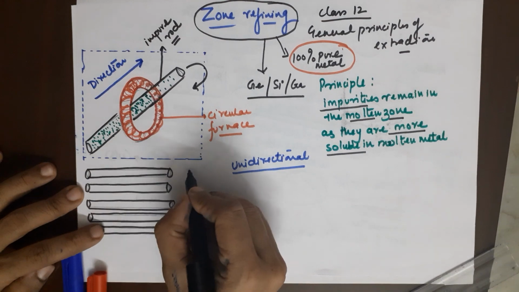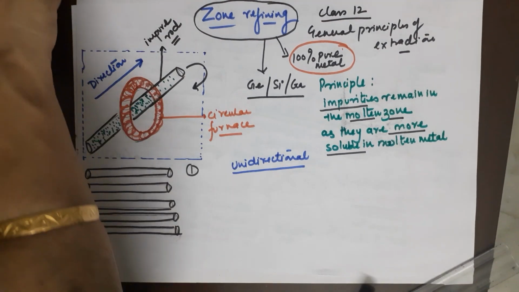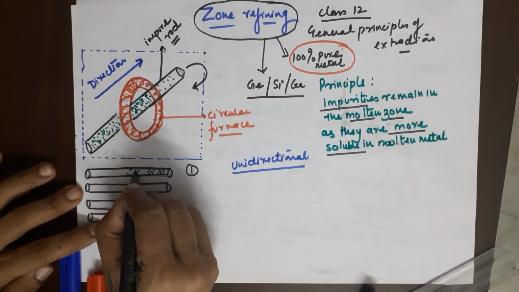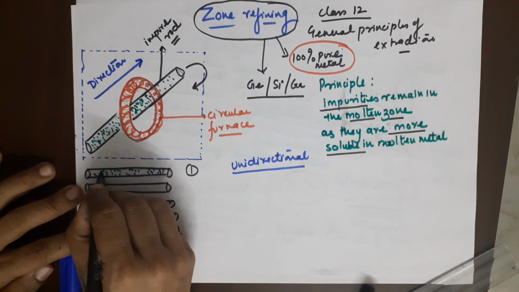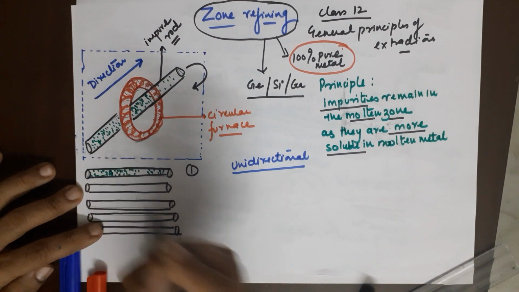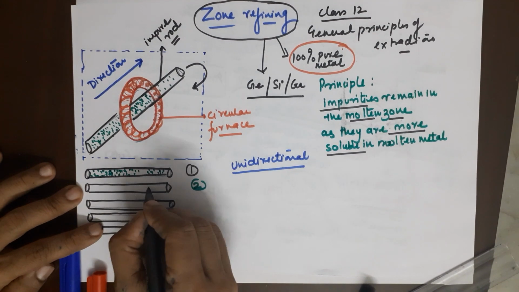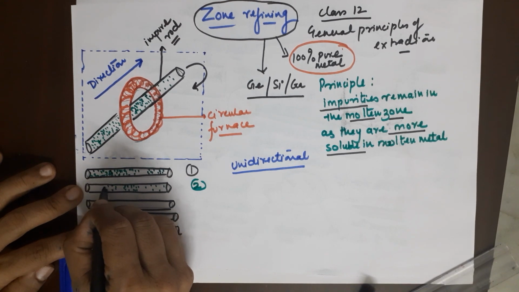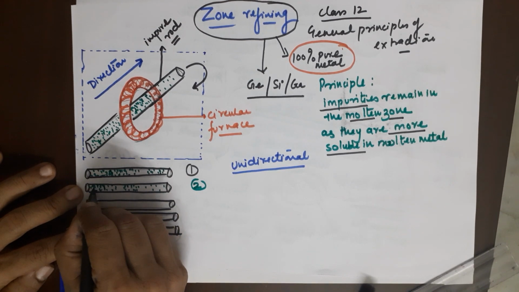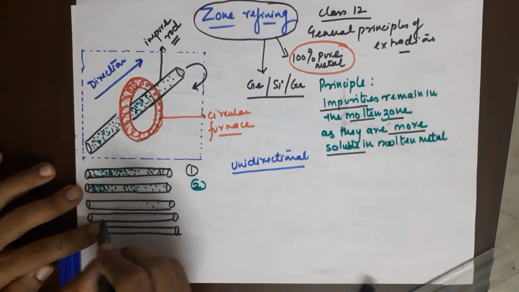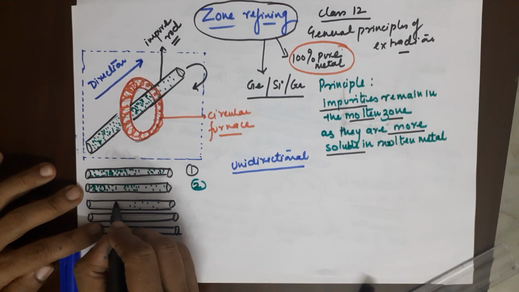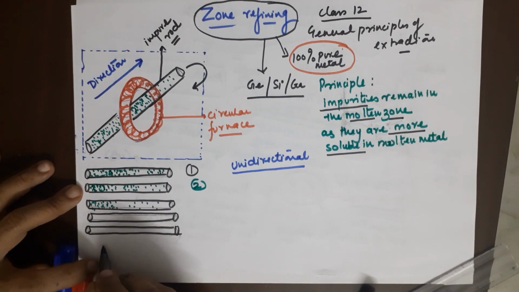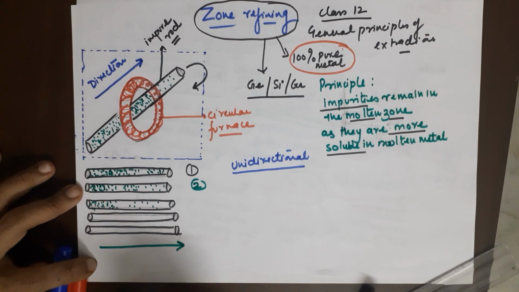When you pass it the first time, your impurities are lesser here, but they go on collecting at this end. When you pass it the second time, you find impurities still lesser on this side, a little more here, and many here. If you pass it the third time, very few impurities are left, while major impurities are on this end, because your direction of movement is this.